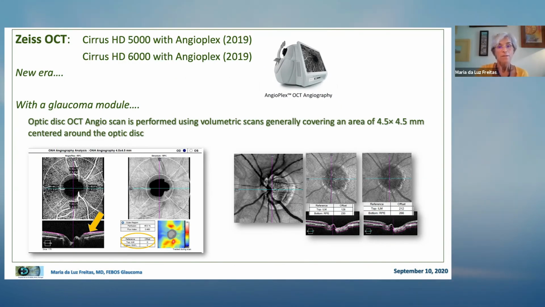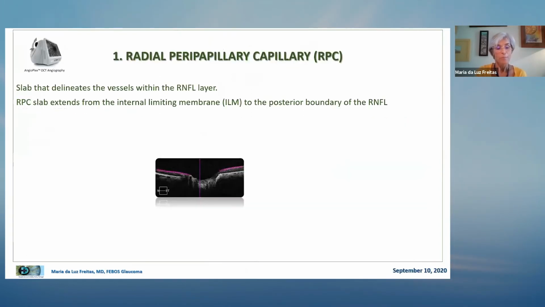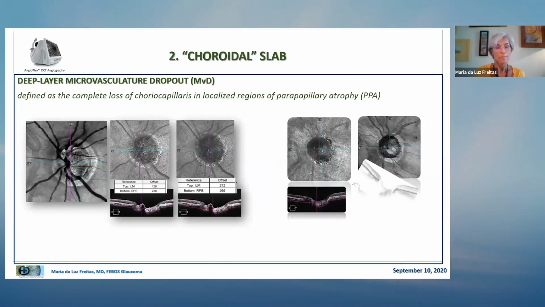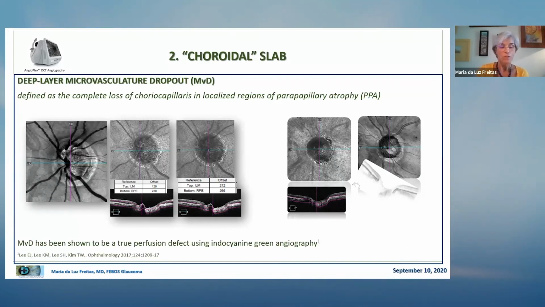Last year, we were treated to the specific model of the optic disc, giving us the possibility to quantify perfusion and flux in the superficial plexus, but also analyze deeper planes in a customized way and integrate with other HD-OCT information.